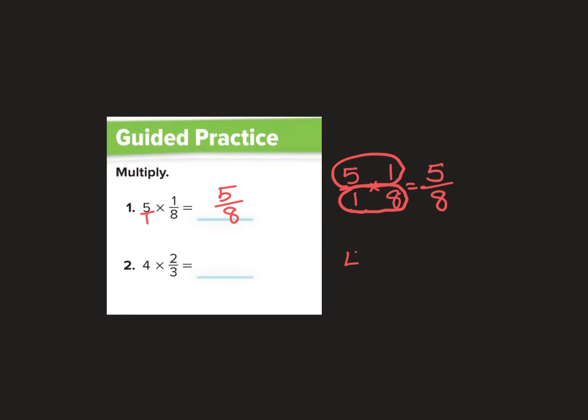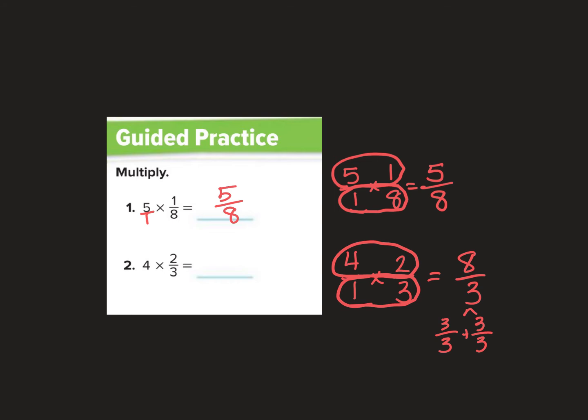Okay, so 4 over 1 times 2 over 3. We're going to do 4 times 2 is 8. 1 times 3 is 3. Now this is improper, so I have to see how many 3/3 I can take out. 3 over 3 plus 3 over 3, so that'd be 6.